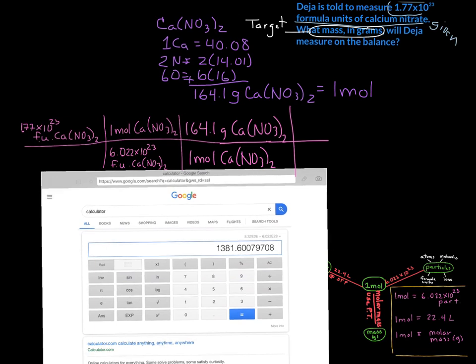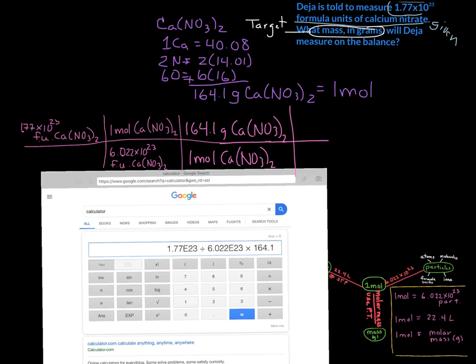Okay, so we're going to take 1.77 exp 23 divided by 6.022 exp 23 times 164.1 and hit equals.